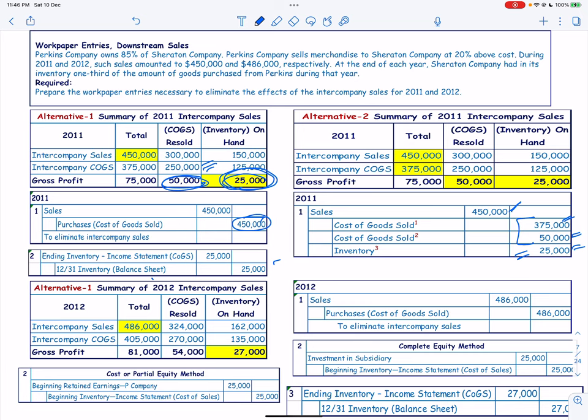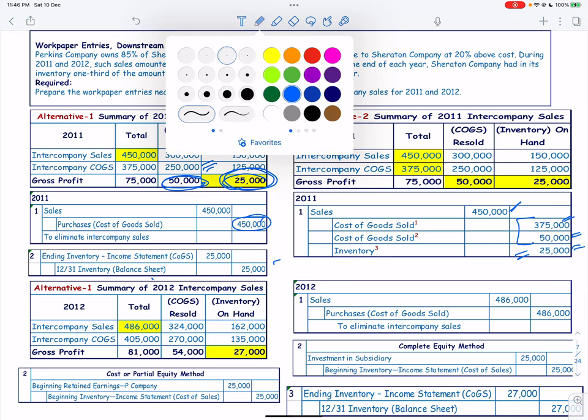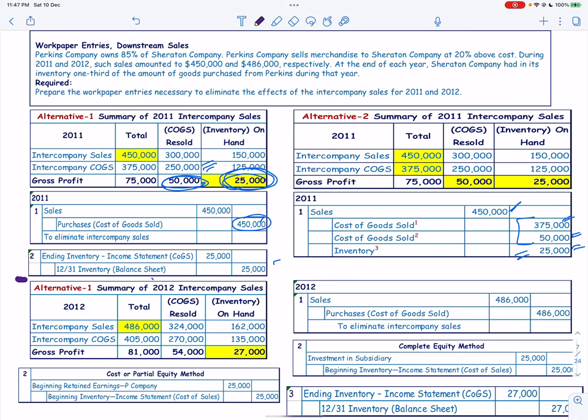Next, let us prepare the work paper entries to eliminate intercompany sales for the year 2012. And before we do that, let me draw a line over here just to make it convenient for you. Okay.